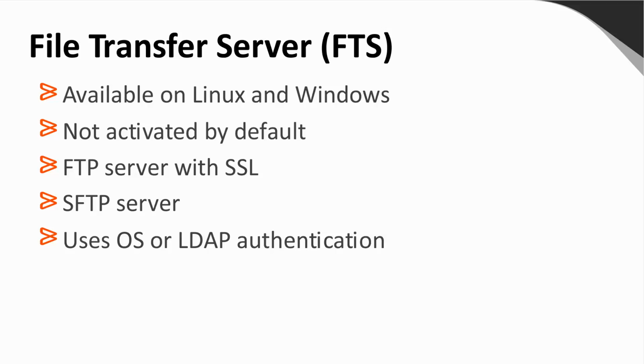Similarly, on the Linux system, as the Control-M administrator, you can manage the file transfer server without needing to involve the system administrator. They're not enabled by default, but we're going to walk through and I'll demonstrate how we can enable these. It's a pretty simple process, and we'll go through that.